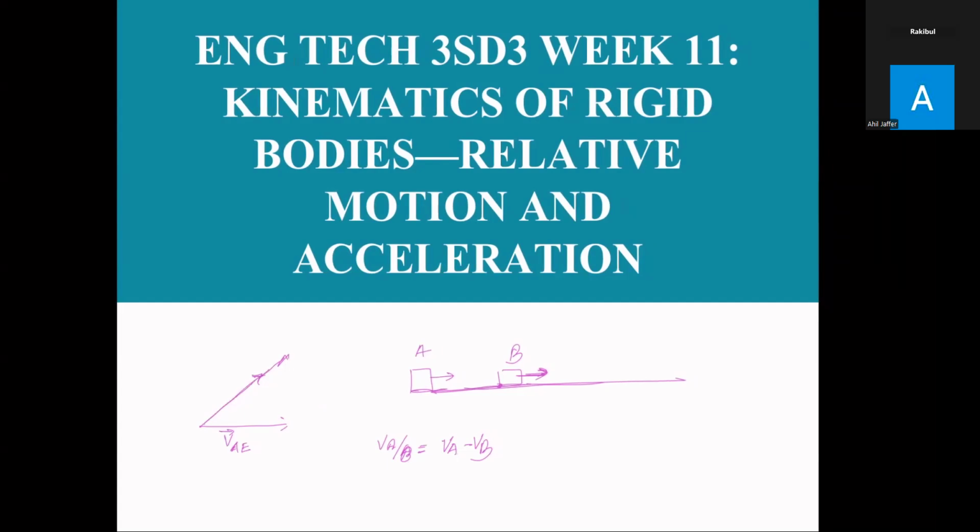Because we are using the VA and VB notation, say this is object A with velocity VA, and another object is moving in this direction, VB. Now if we want to find the relative velocity, this is the relative velocity.